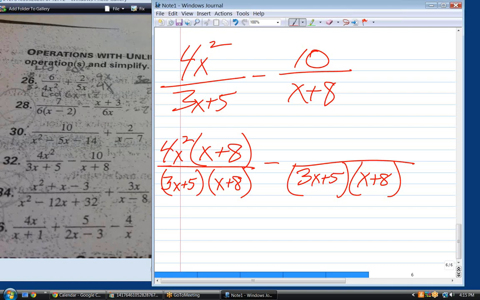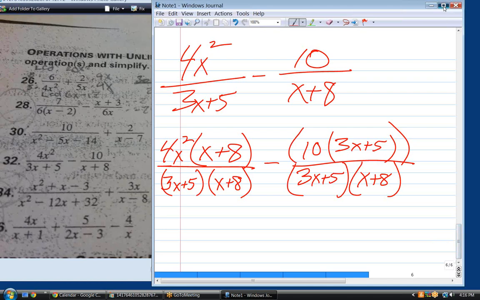And I can now cross out the x plus 8, and I've got what I started with. How about over here? 10, then 3x plus 5. And again, it's good to put a double parentheses around there, because otherwise I could get the sign wrong on this number part here.